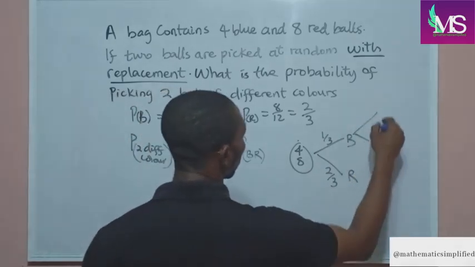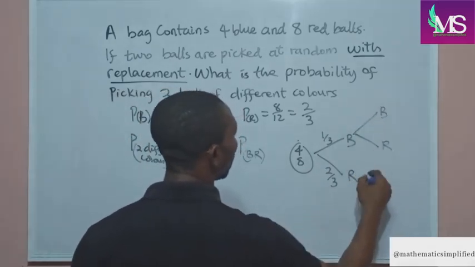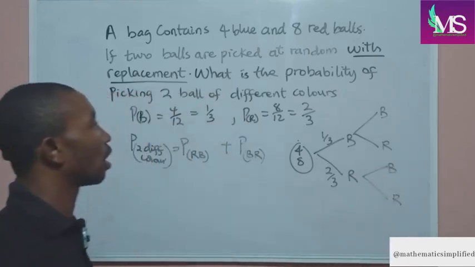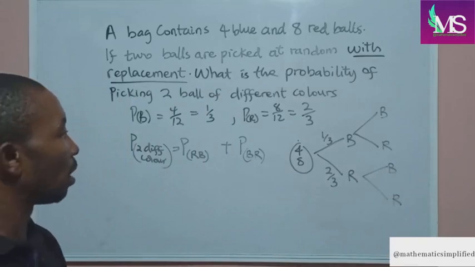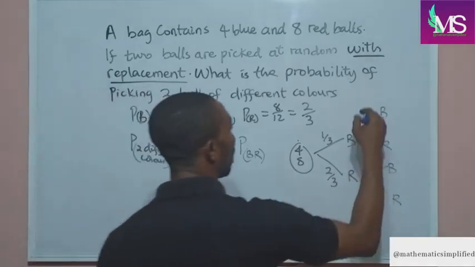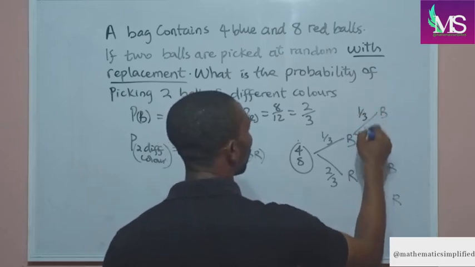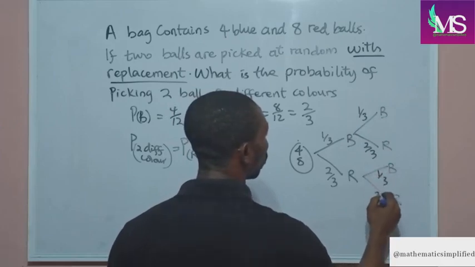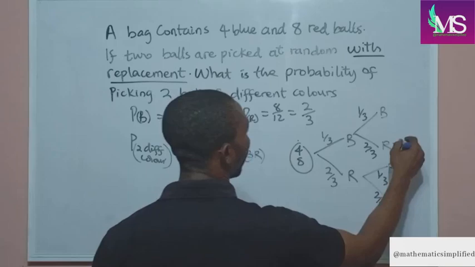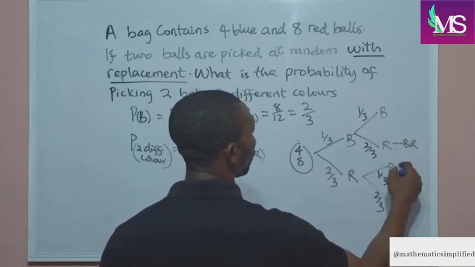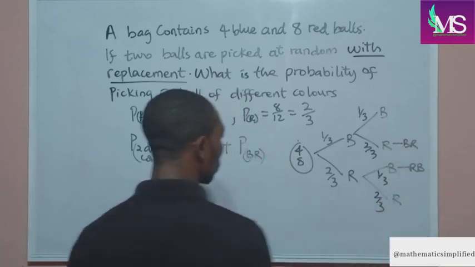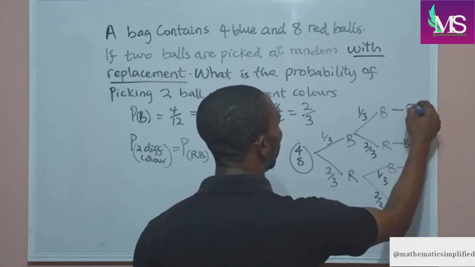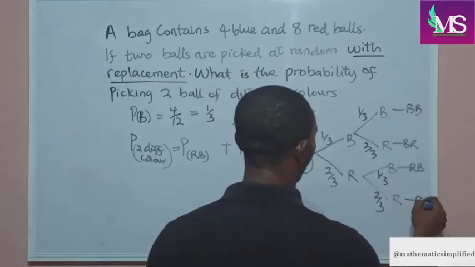Now if we pick our second choice, a blue and a red, our second choice here will still have the same probability because it's been replaced. 1 over 3, 2 over 3. So here we have BB, BR, RB, and RR.